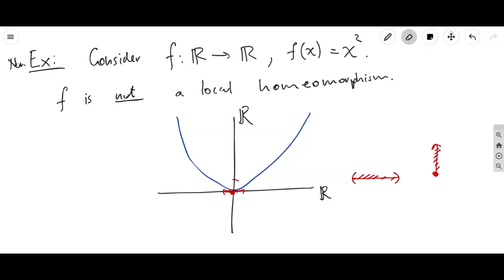Actually, that is also the place where the derivative vanishes. In fact, for people who are interested, there's something in calculus called the inverse function theorem, and I figure maybe I should just mention it for the sake of completeness.